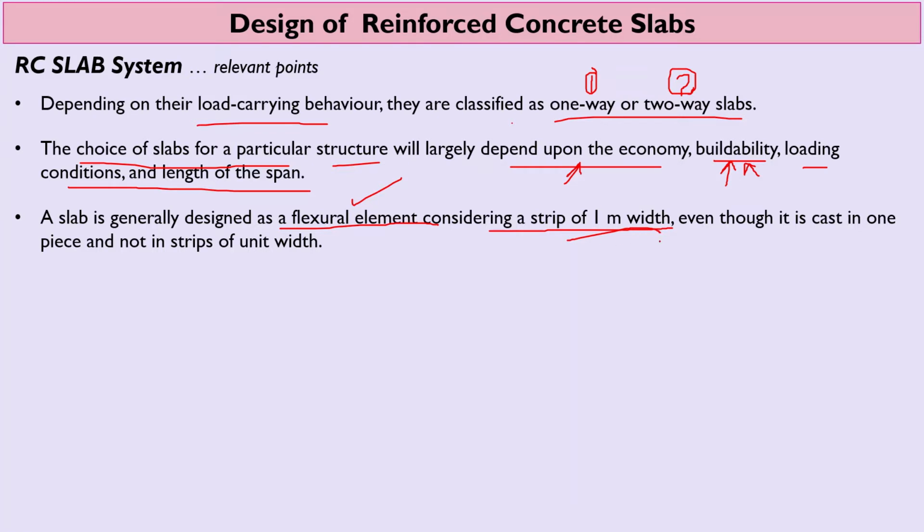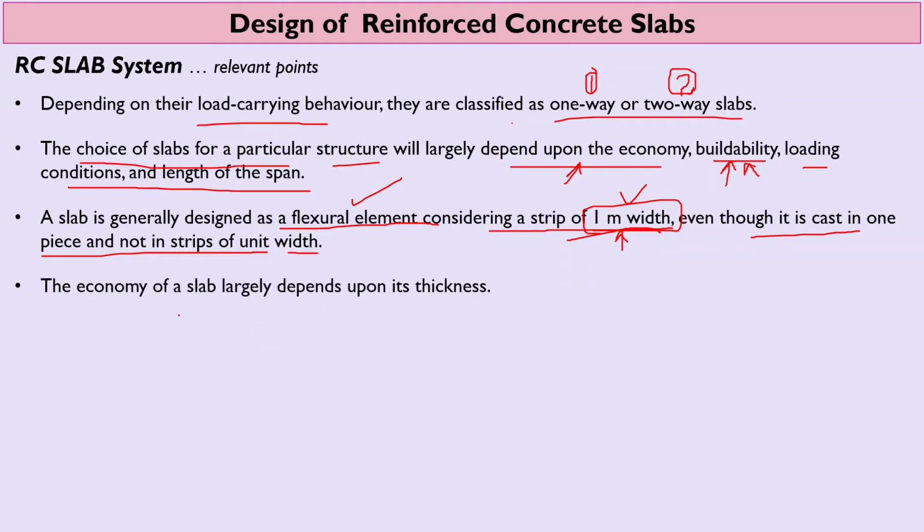That means whatever reinforcement is designed in 1 meter width will be taken throughout the slab. Even though it is cast in one piece and not in strips of unit width, the methodology of designing the slab is by taking 1 meter width. So it will be just like a beam having some particular depth and a width equal to 1 meter.